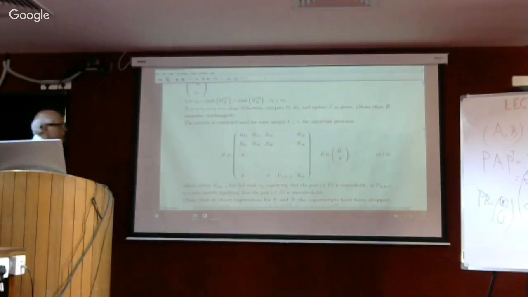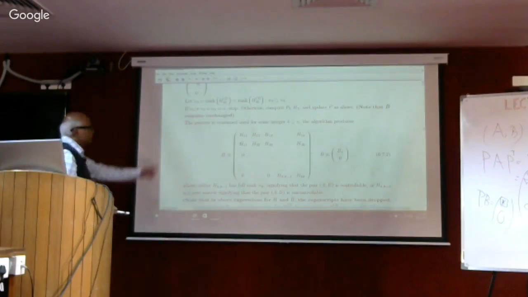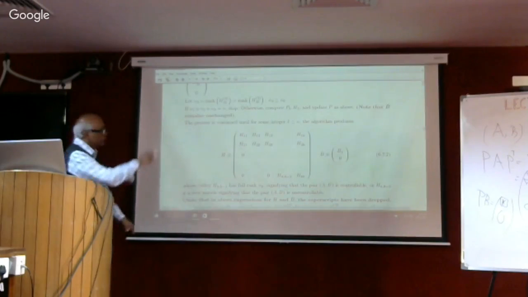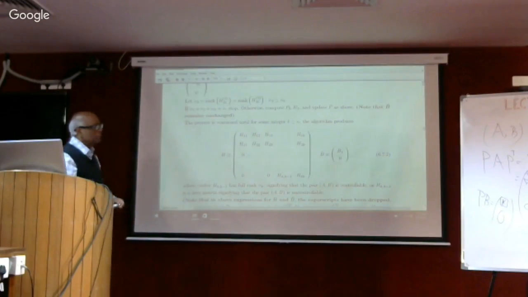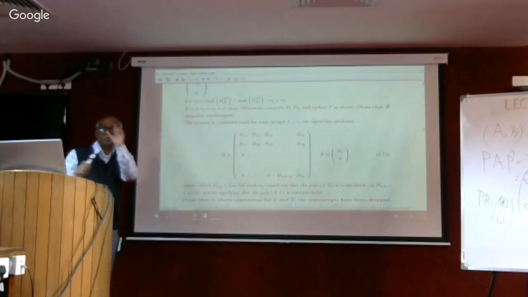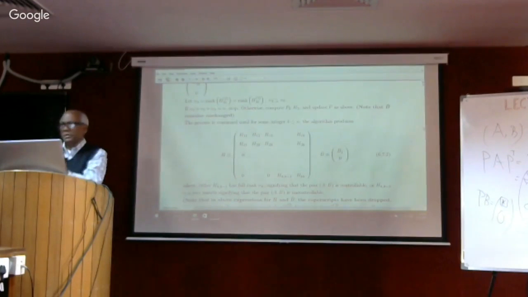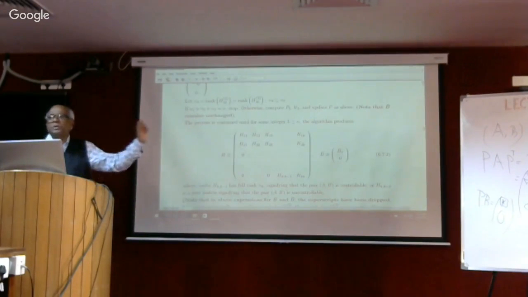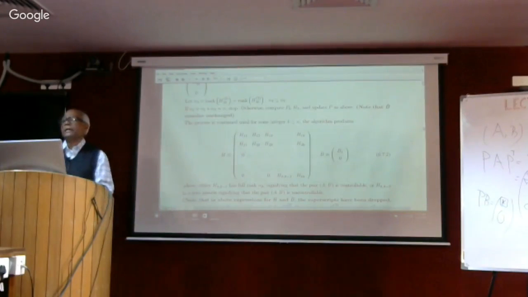And the matrix B is transformed to B prime, which has the following form. It is B1 at the top, some non-zero matrix, and zeros everywhere else. Now, as soon as the pair A, B is transformed into this form, you can easily determine whether the system is controllable or not. How?